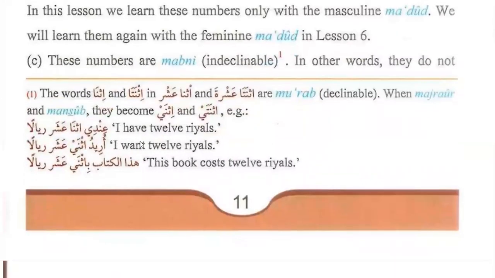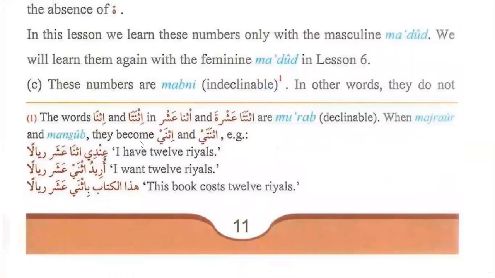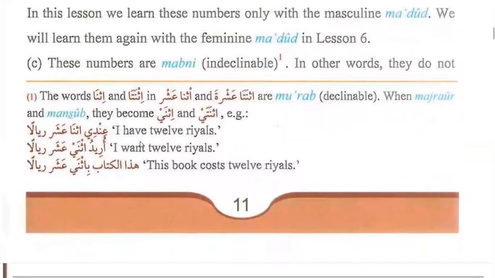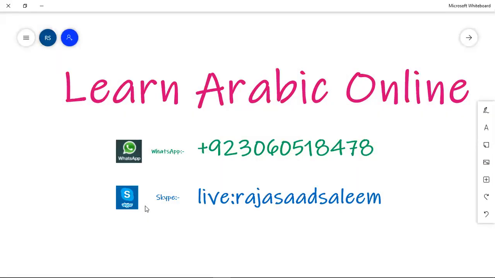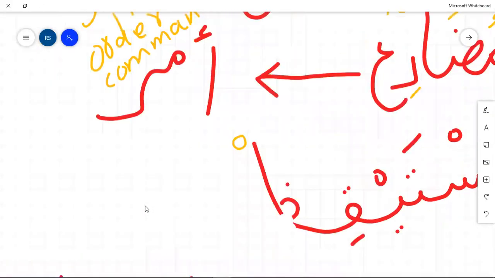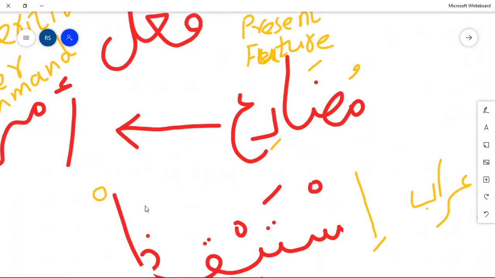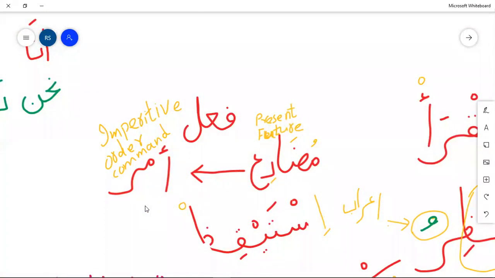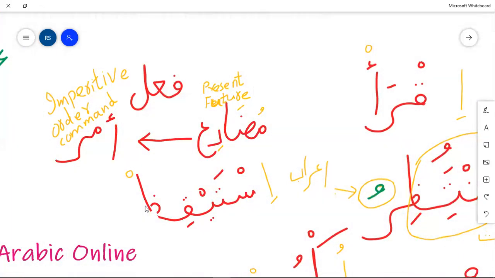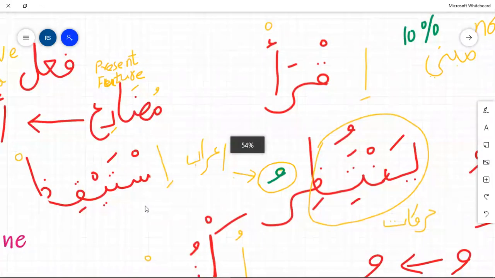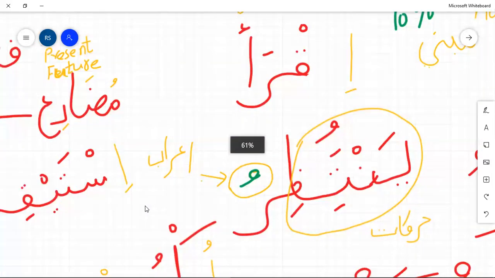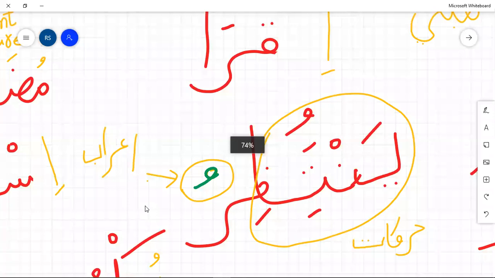Can anyone tell me what is Mabni and what is Mu'rab? Mabni is not changeable, fixed. Can anyone tell me what is I'rab and what are Harakat? I'rab is the state of the word.